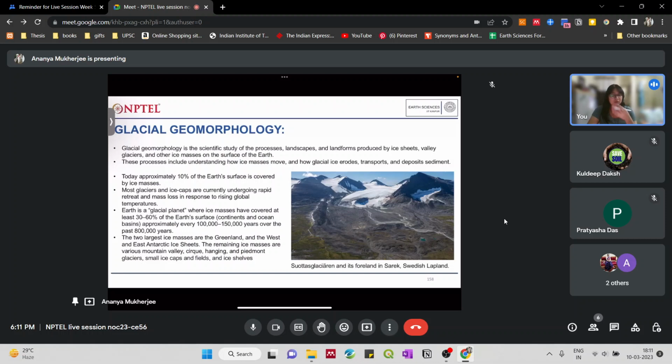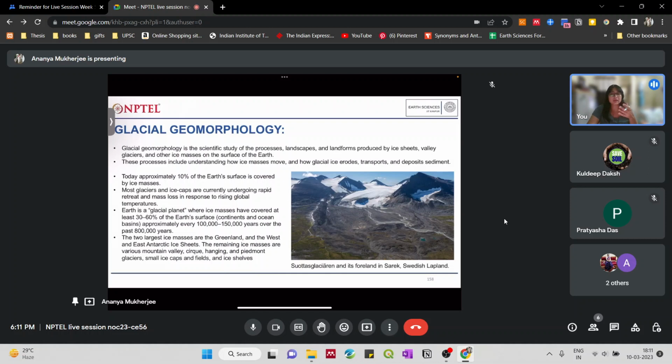As I said before, two of the largest ice masses are seen in Greenland, the North Polar region, and the Antarctic sheets. There are also huge glacial masses found in very high mountain ranges, the Himalayas for an example. Those are alpine glaciers.